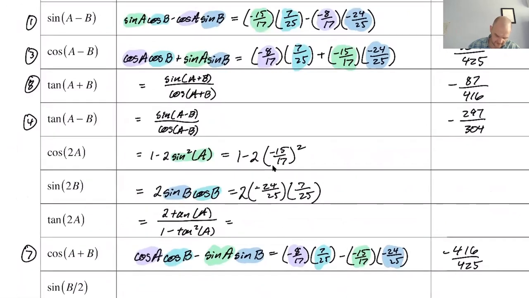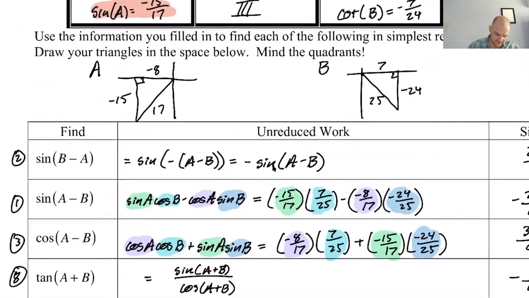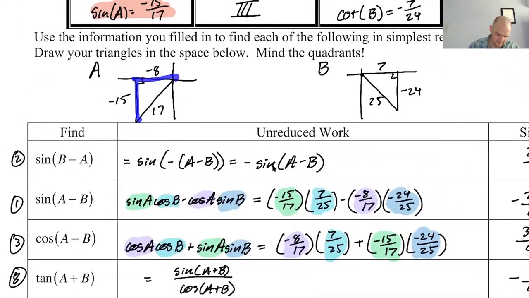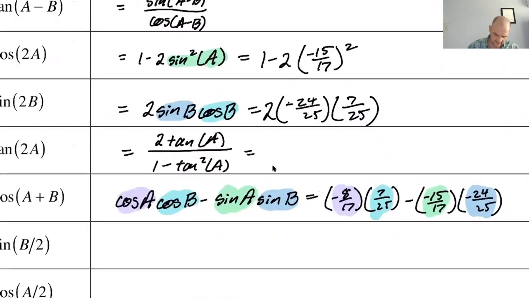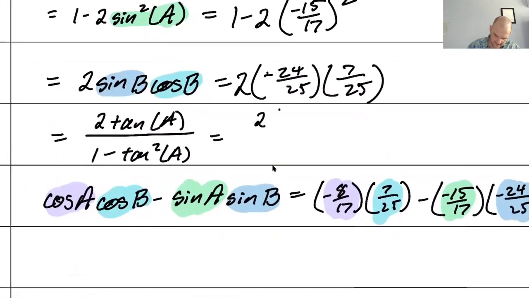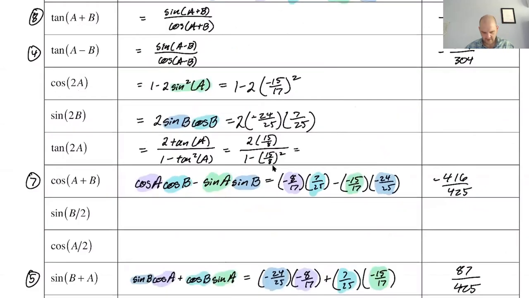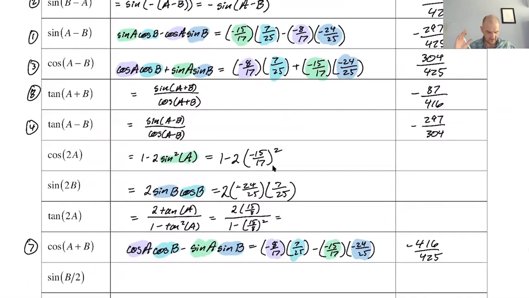So let's see if we can do that. Tangent of a, opposite over adjacent. So 15 over 8. 2 times 15 over 8, over 1 minus the quantity 15 over 8 squared. Okay. I'm going to go to the calculator now and calculate all 3 of these.